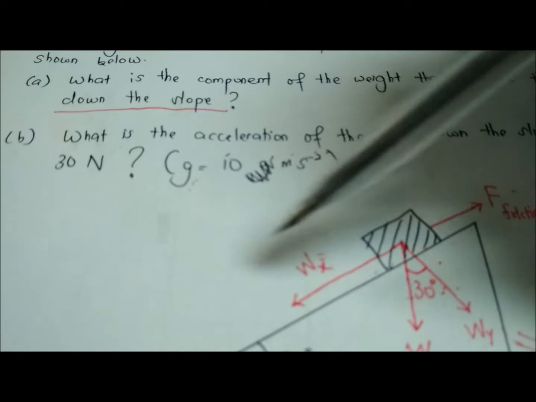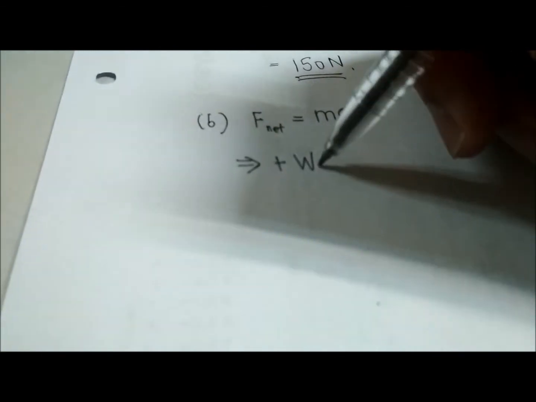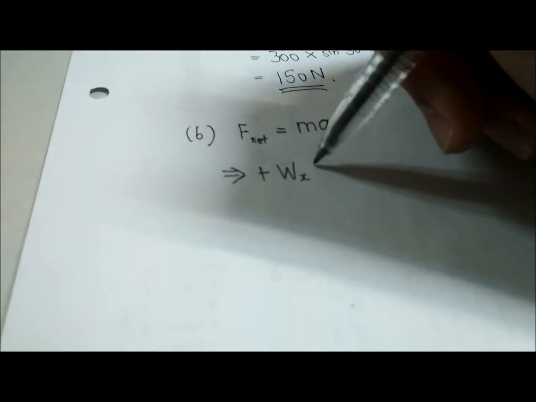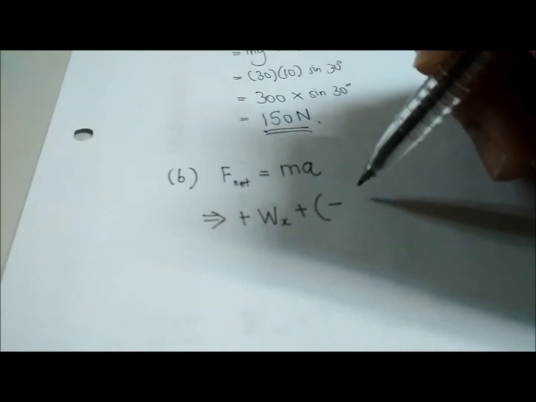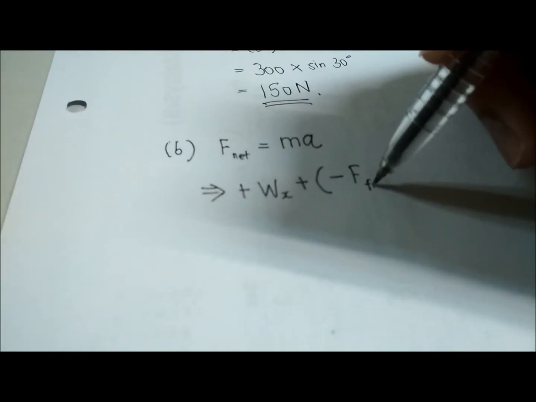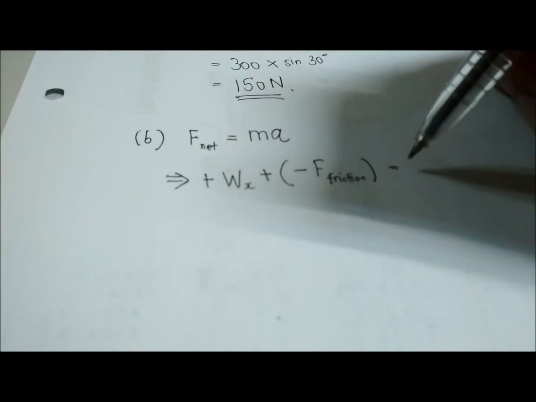Let's say this direction, going down the slope, is positive. So positive Wx plus negative F friction equals ma.